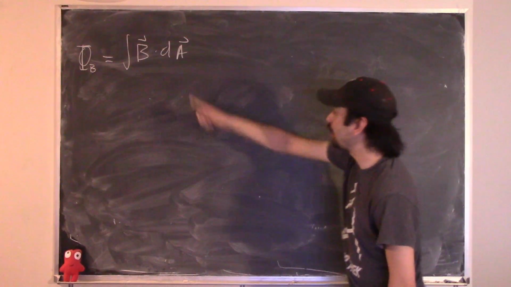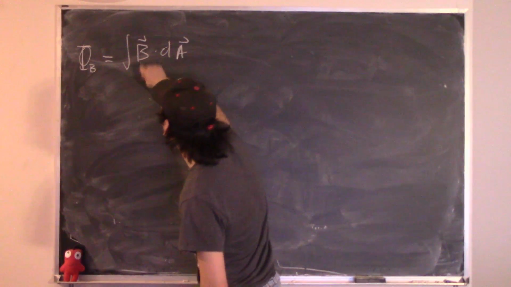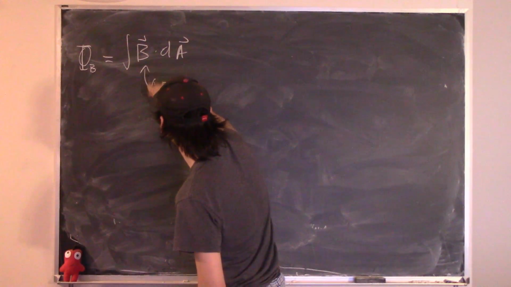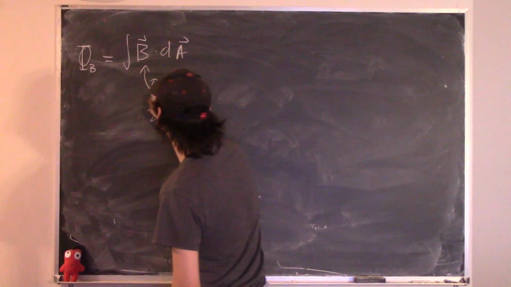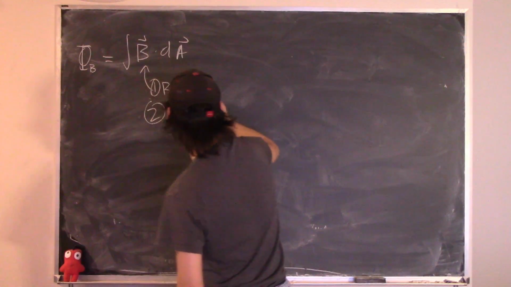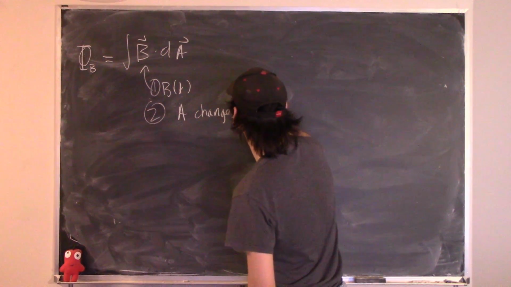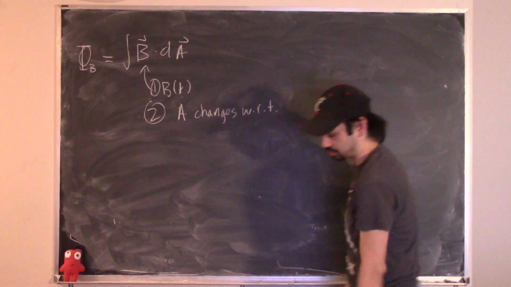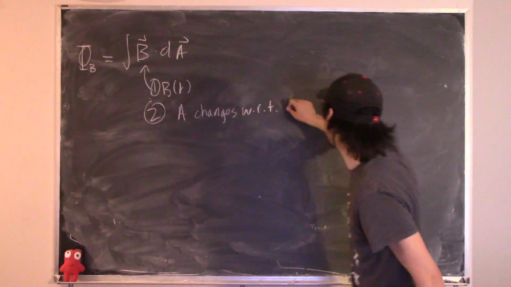So one way that we could get some time dependency in this magnetic flux is if b is some function of time. So b a function of time. This is the first way. The second way is if A changes with respect to time.